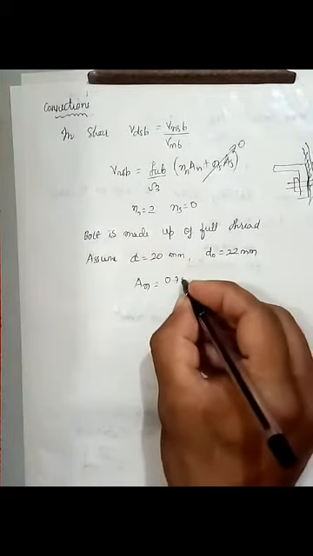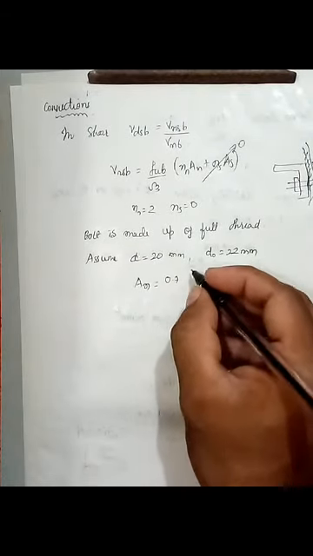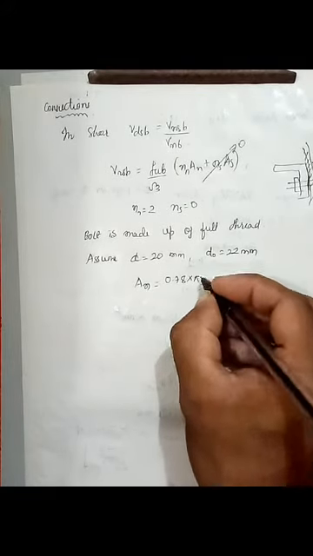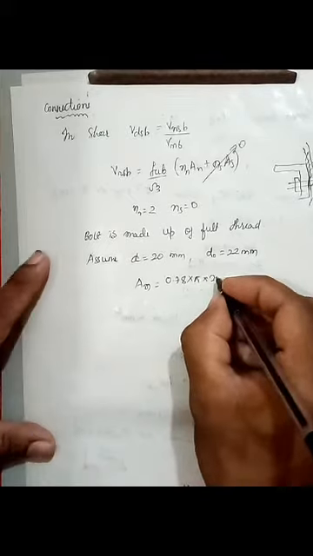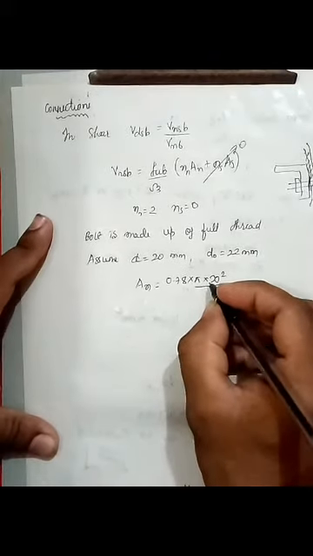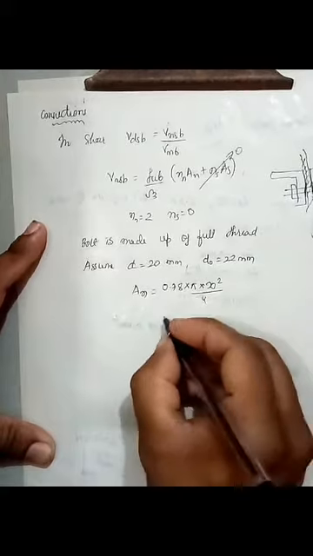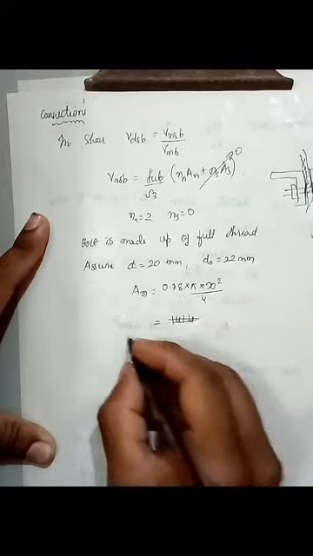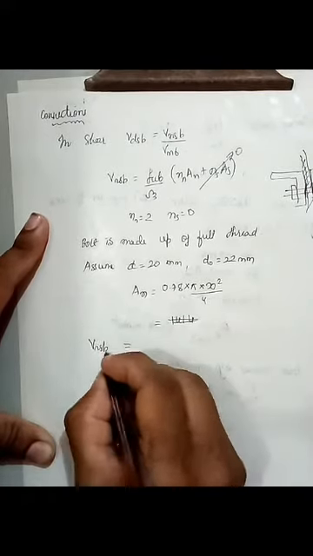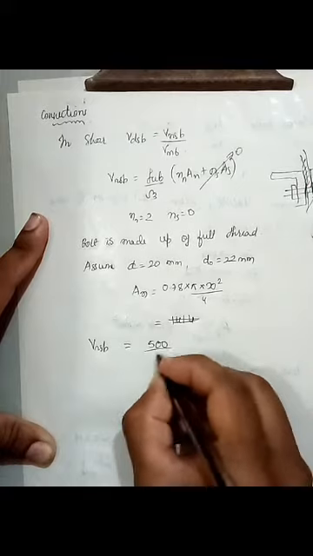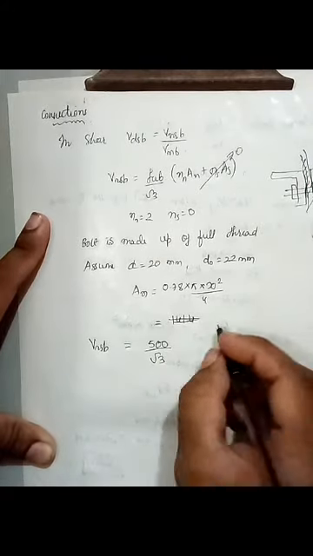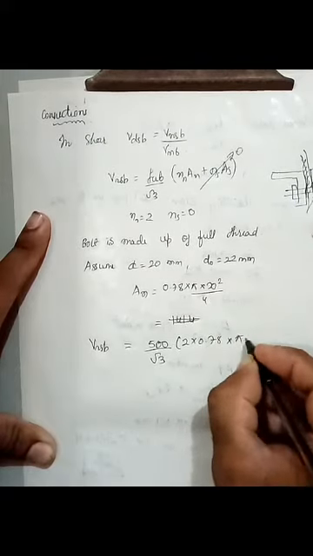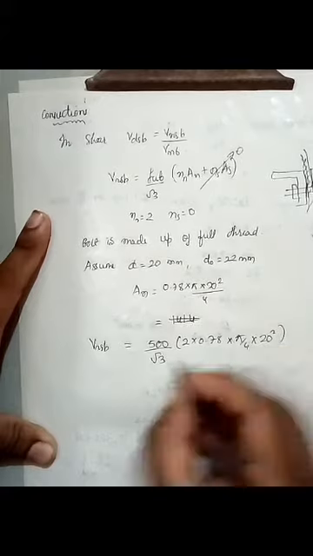An is equal to 0.78 into pi into 20 square by 4, that is equal to 141. Therefore Vnsb is equal to 500 divided by root 3 into 2 into 0.78 into pi by 4 into 20 square.